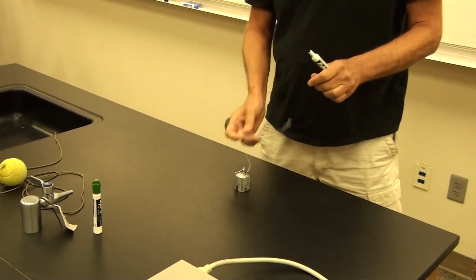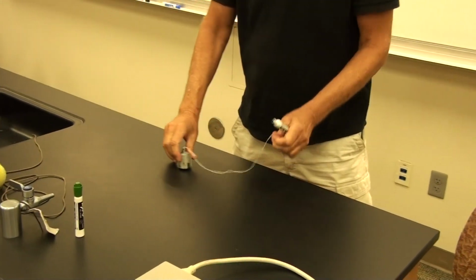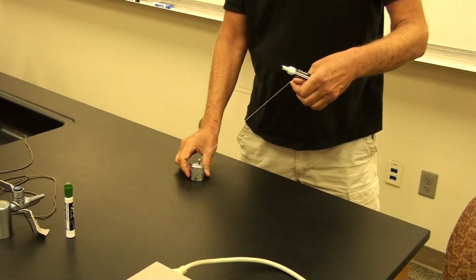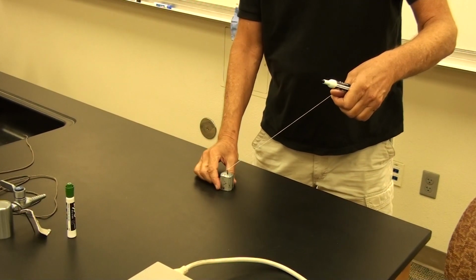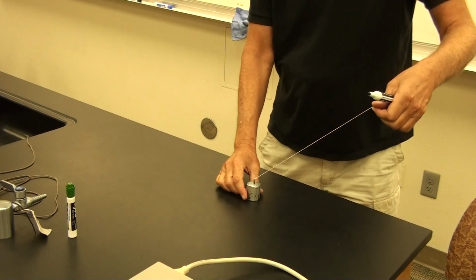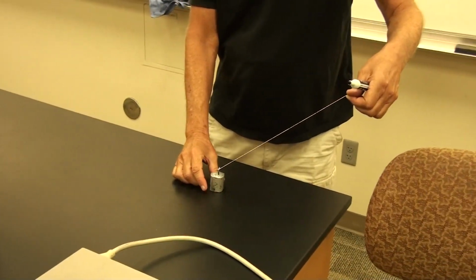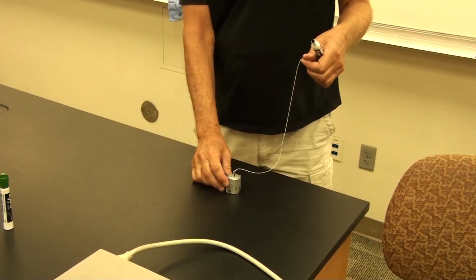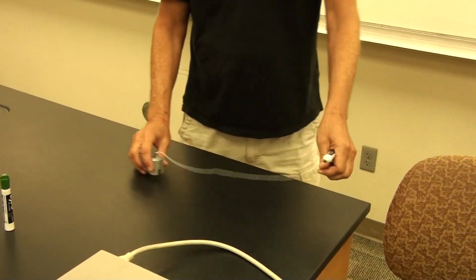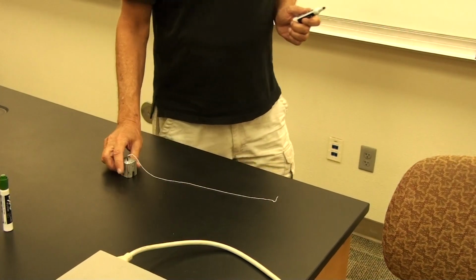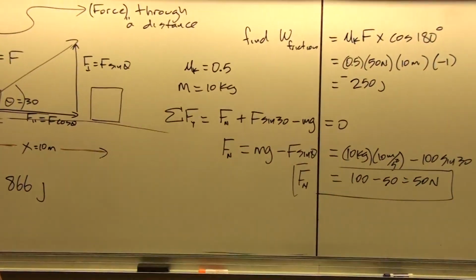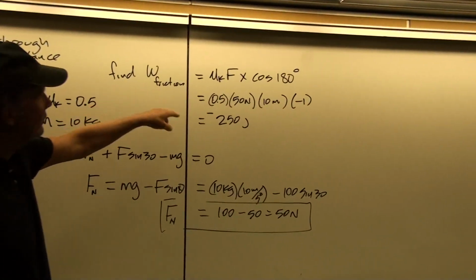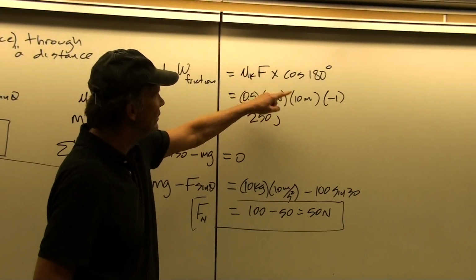And so even though I pull on this, and that causes a little bit less friction to act, because that means there's a little bit less normal force, there's still a negative force of friction that's slowing it down, and we have a force that's speeding it up. Okay? And so the one that's slowing it down is, we'll see, that's equivalent to doing negative work.